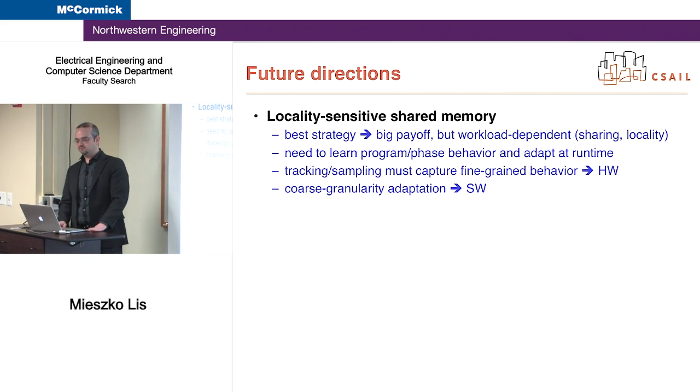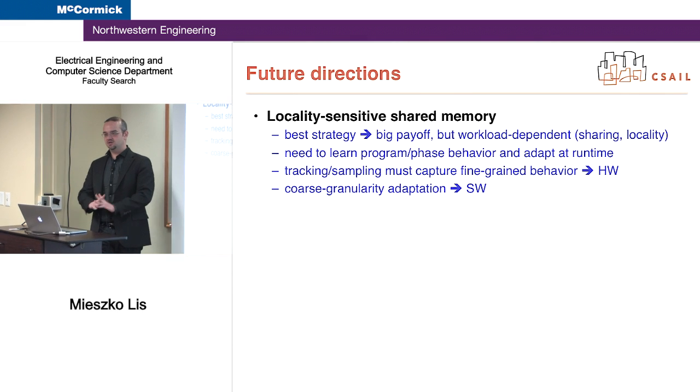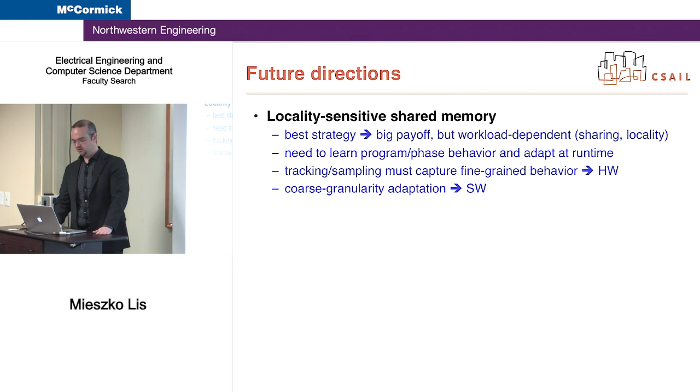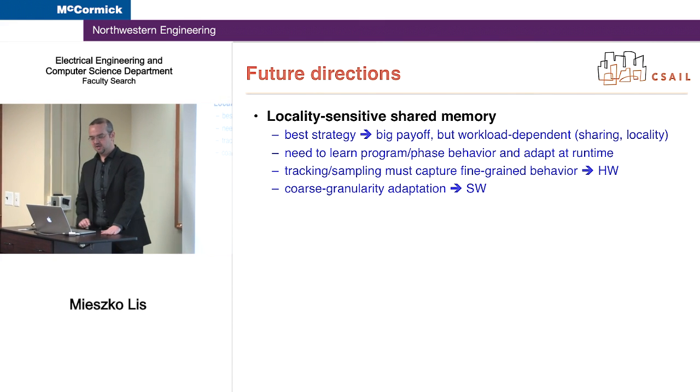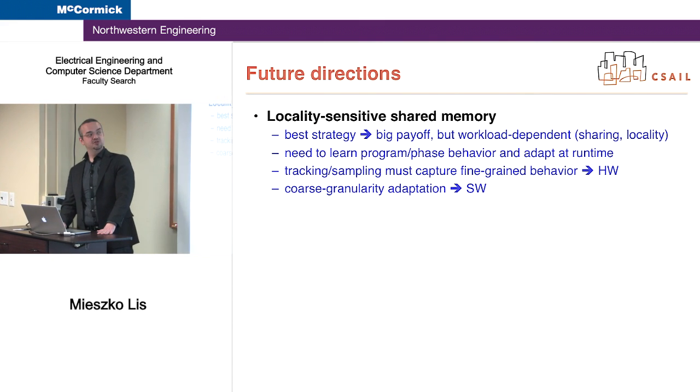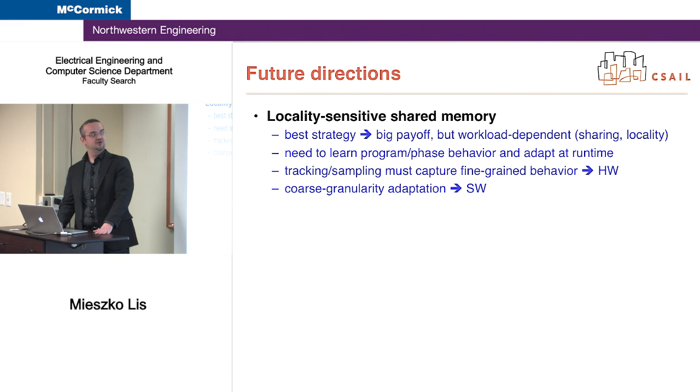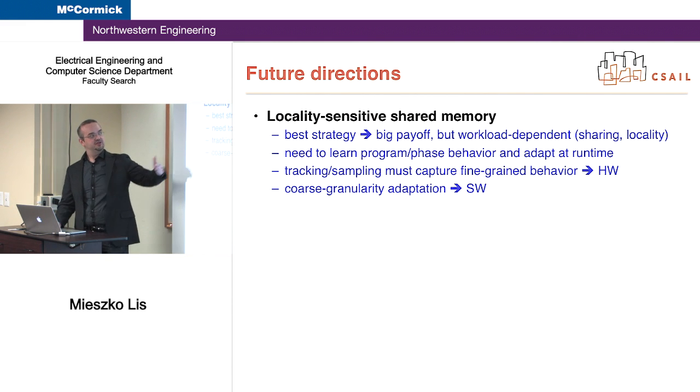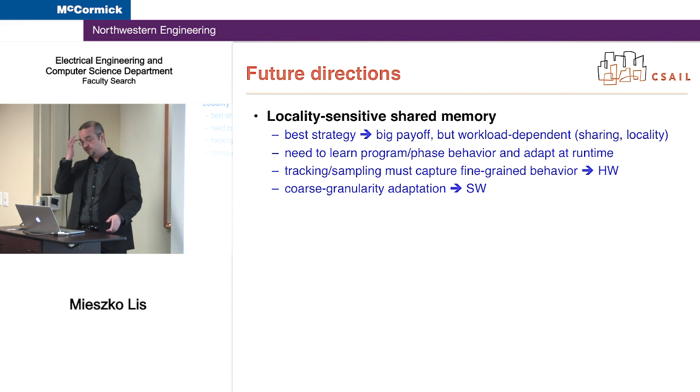Anyway, what I would like to do in the future, the open questions and directions. I think shared memory needs to be really locality sensitive, right? As we saw, if you have the best strategy, whether it's cache coherence or migration or remote access, then you get a big payoff.